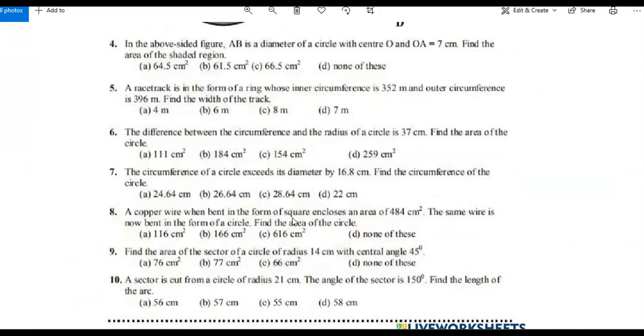So I have told you directly that if their circumferences are equal, you need to understand one thing here, beta. I have done this question so many times.